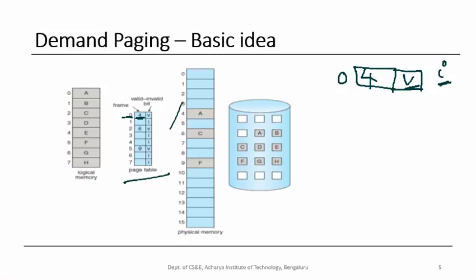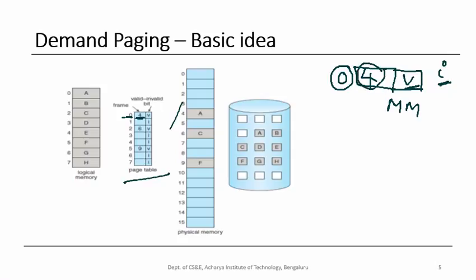So what is the significance of this bit? When this bit is valid, it says that page 0 is present in the main memory and it is at frame 4.